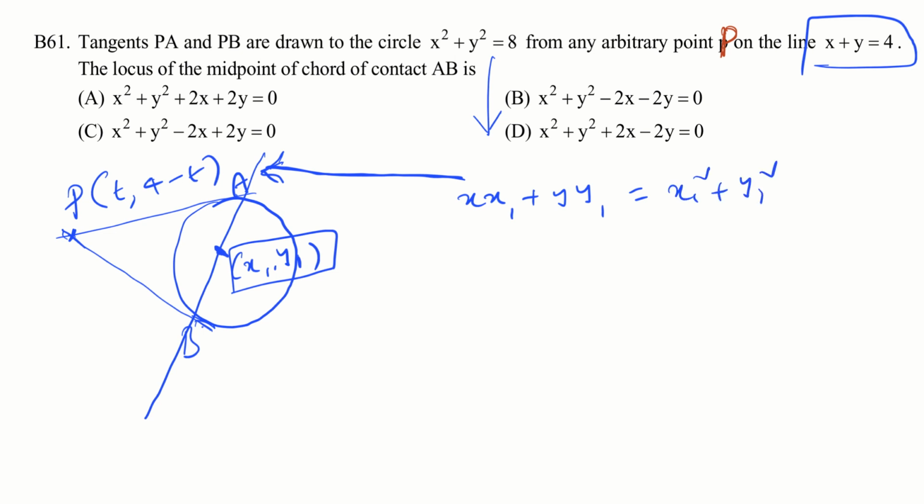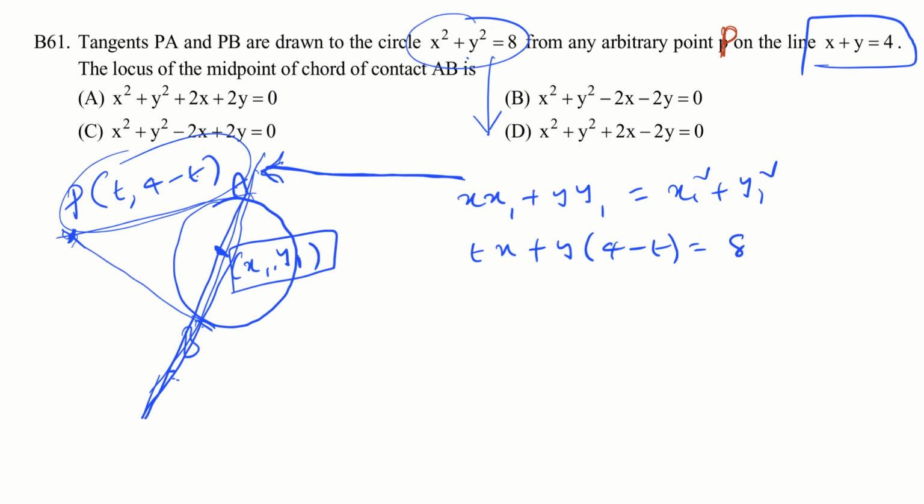And also this is the chord of contact of the point P. Therefore, its equation is S1 equal to 0 with respect to this circle. So writing S1 equal to 0 of this point with respect to this circle, I'll have tx plus y into (4 minus t) is equal to 8.